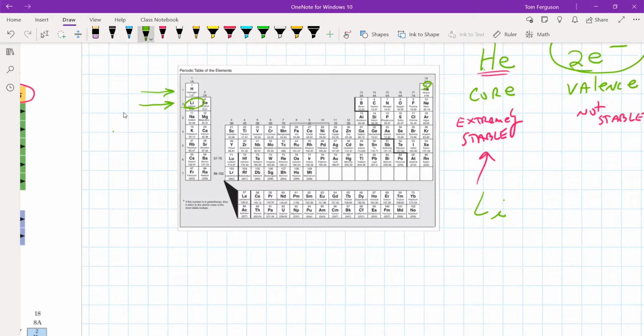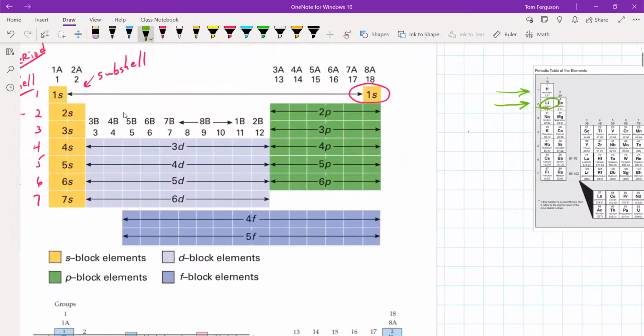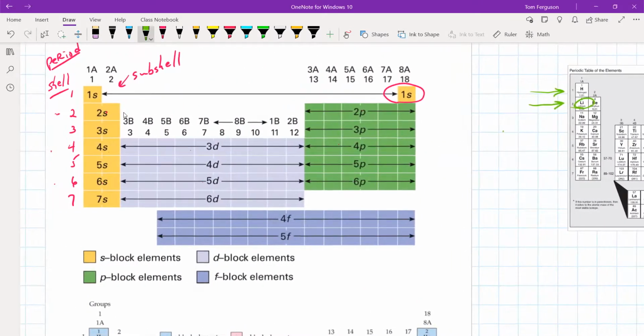So we're going to have to account for both shell 1 and shell 2 electrons for lithium. Lithium has 3 electrons because its atomic number is 3. That means it has 3 protons. This is a neutral lithium, so that means we have an equal number of electrons and protons. Okay, and so lithium is sitting right here.